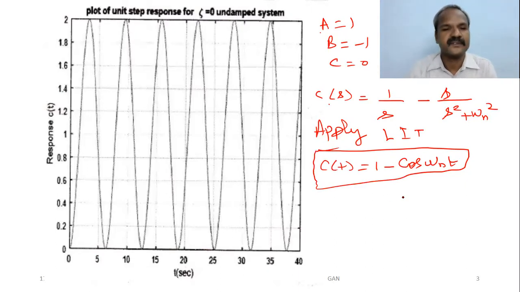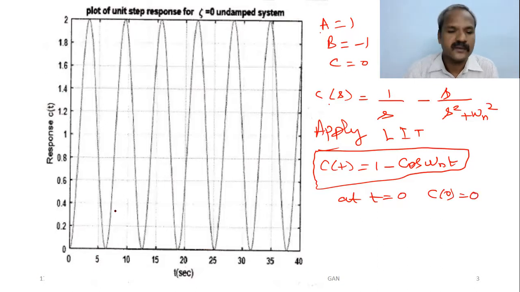That is undamped system. So if you put t equal to 0, what is C of t? C of 0 equals 1 minus cos 0, which is 1 minus 1, 0. So the response starts from 0 at t equal to 0.